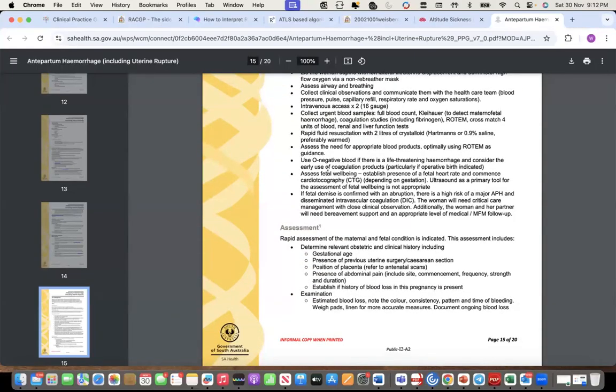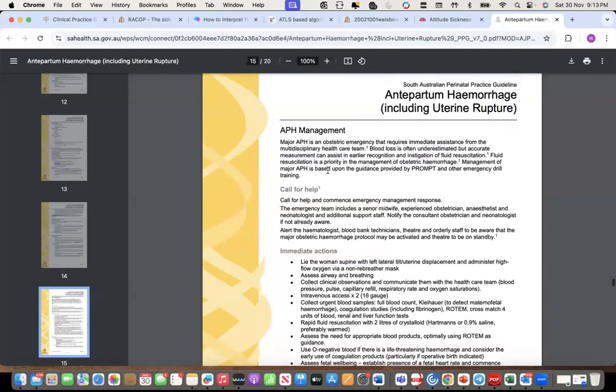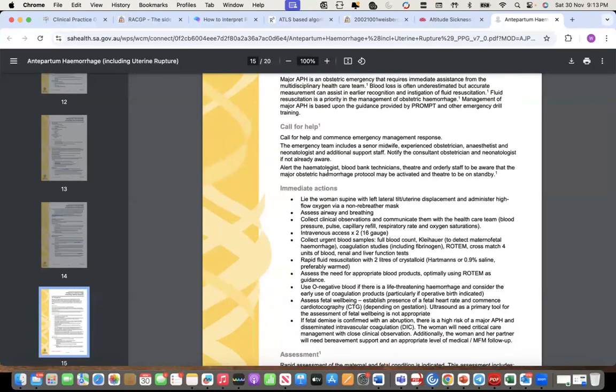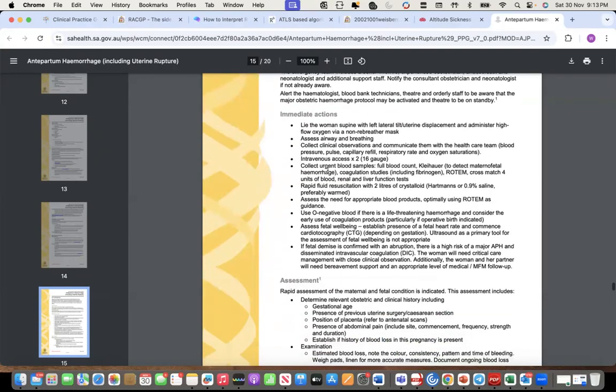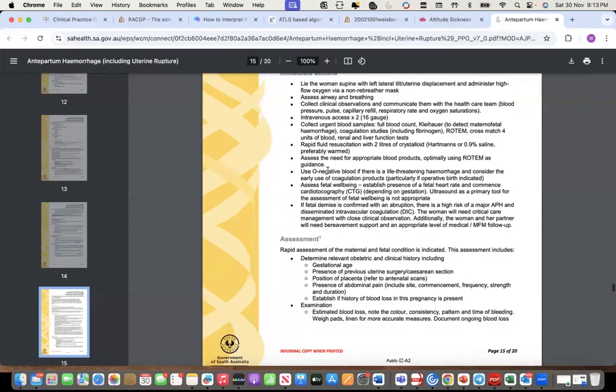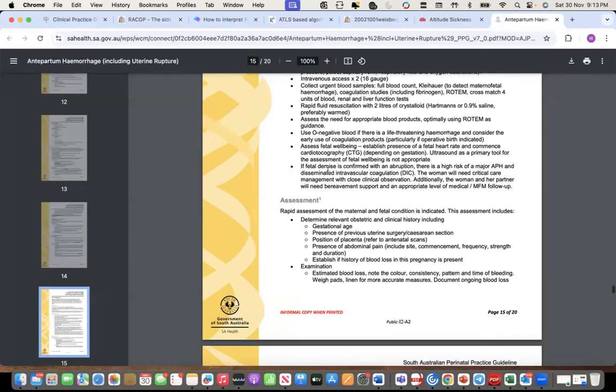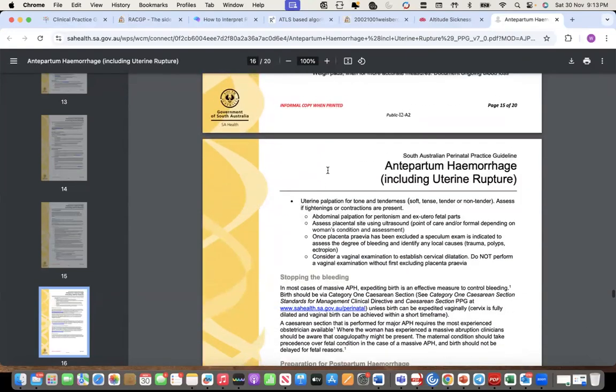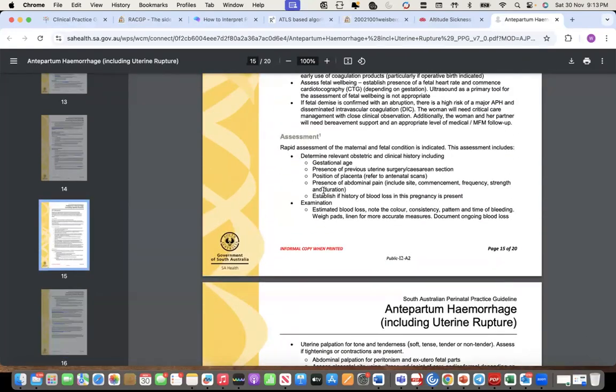Use O negative blood in this life-threatening hemorrhage and consider the early use of coagulation products if operative birth is indicated. We are not sure about the birthing at the moment because they told you about antepartum hemorrhage. They are not telling us about placental abruption here. So if birthing is indicated, you can obviously start the coagulation products. But if there's a placental abruption and the uterus is tender and hard, it is very hard to save the baby at the moment. So you have to at least save the mother.